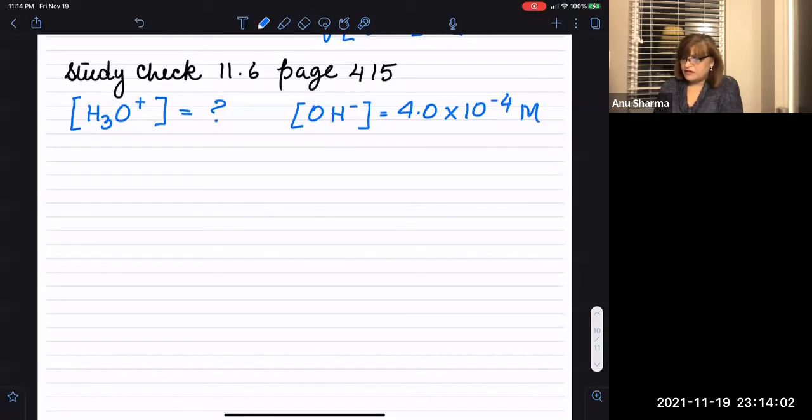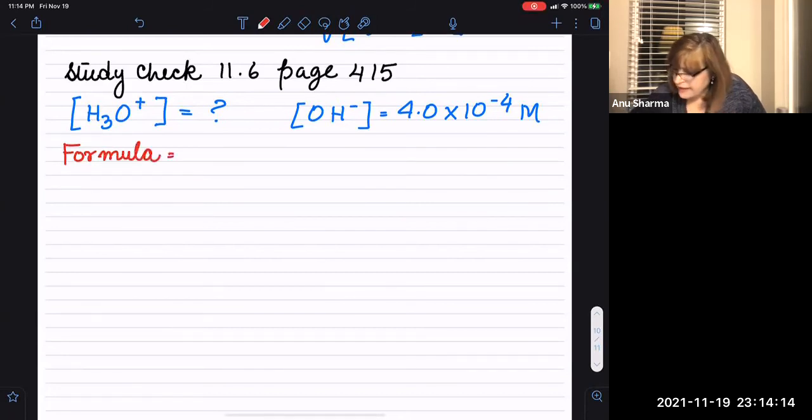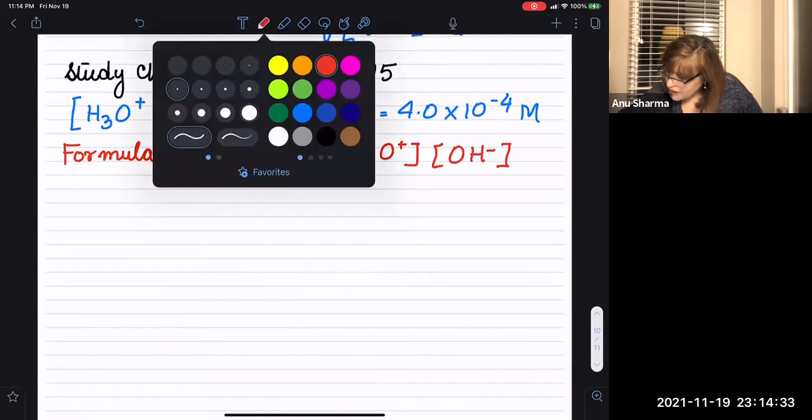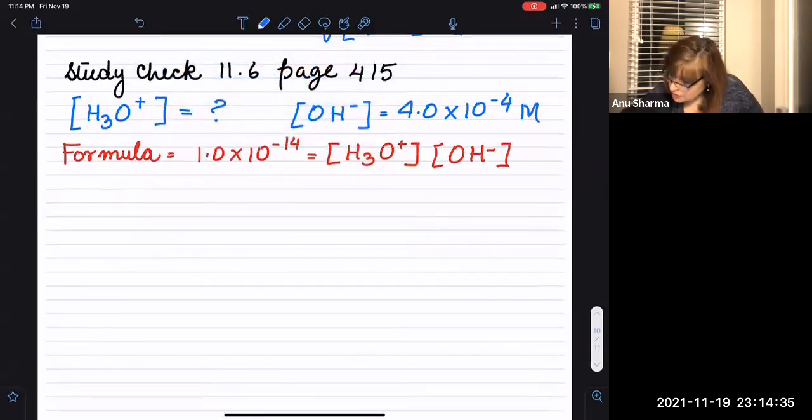Here you're given this. Now, write down the formula. The formula is 1.0 times 10 to the power negative 14 is equal to the hydronium ion concentration times the OH ion concentration.